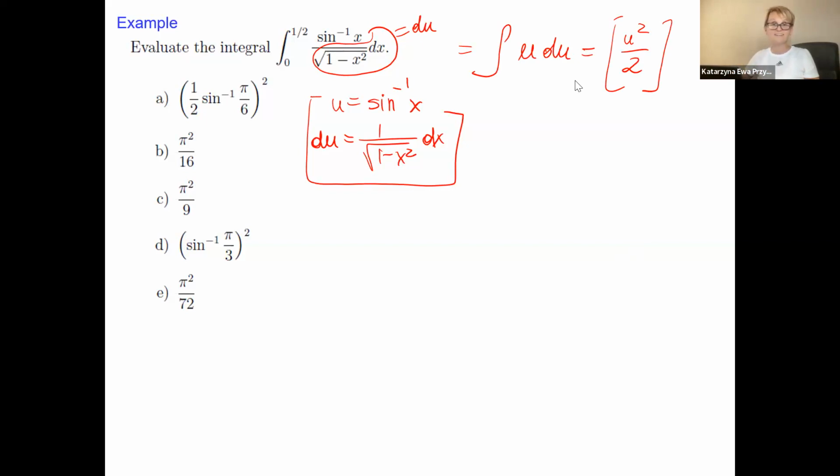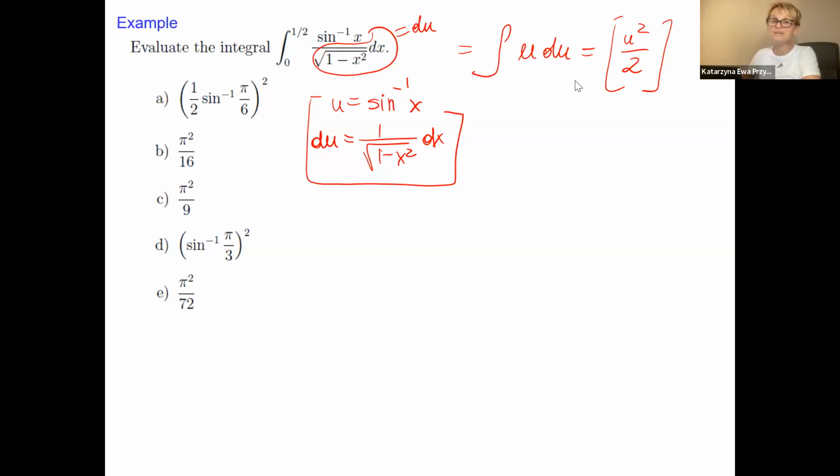0, and then sine of what angle is 1/2? Pi over 6. So 0, and this will be pi over 6. Yes, it is the last option.